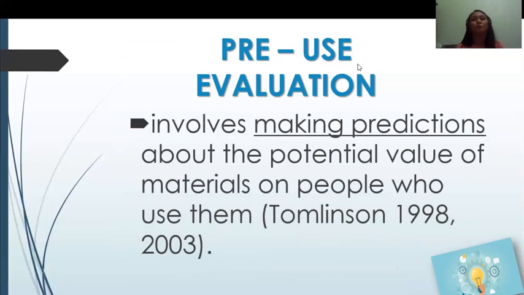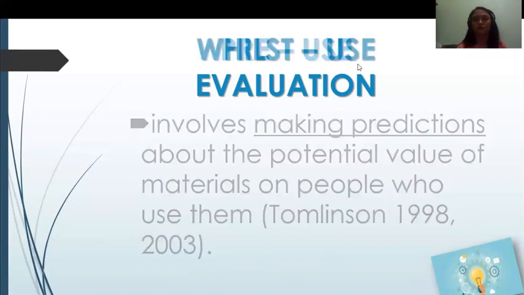Meaning to say, from the word pre-use, before you use the material, of course, you need to look at its surface, right? From the cover, from the table of contents. So by reading those things, you could now make judgment about what could be the content or the coverage of the said material. So that is what we call pre-use evaluation.